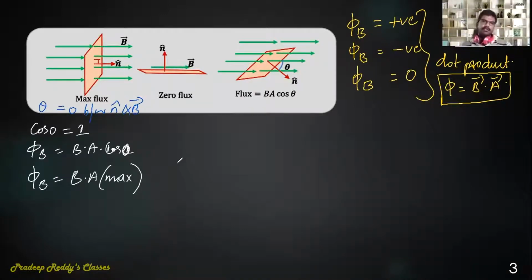So flux passing through area of cross section, if its plane is perpendicular to magnetic field and area vector is parallel to magnetic field. So you can clearly observe that plane is perpendicular to magnetic field and area vector is parallel to magnetic field.